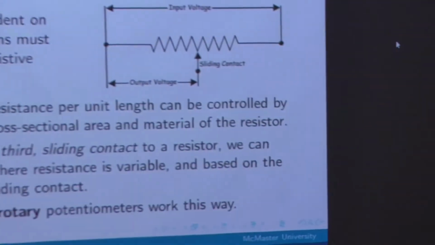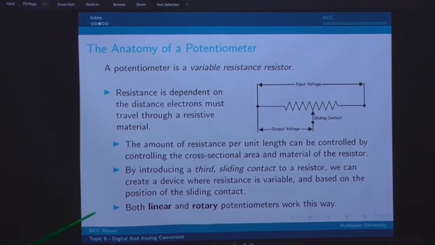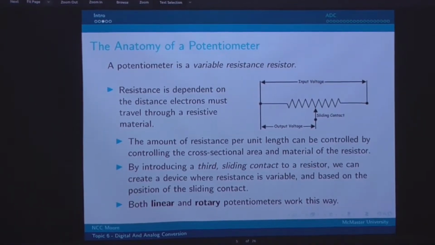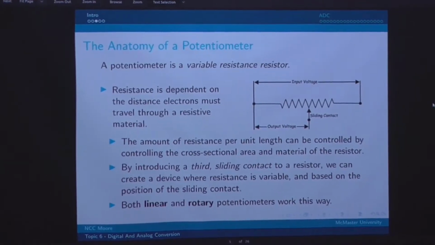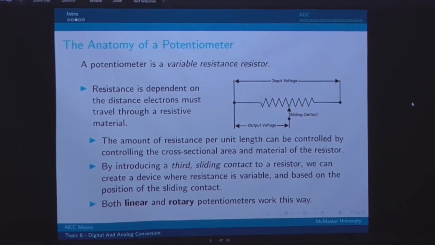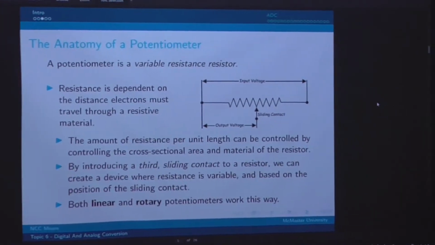So, the resistance inside of this resistive material is dependent on the distance the electrons must travel through the resistive material, right? If I have a strip of resistive material and I touch it with a conductor here, I have all of this resistance on one side, all of that resistance on the other, right?